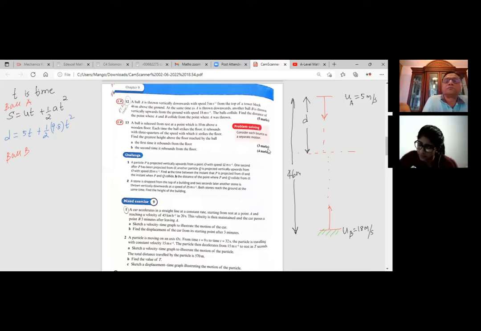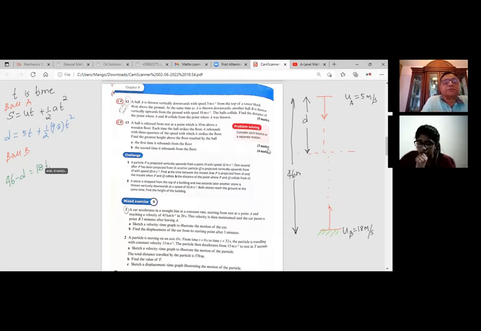But this time, are we taking upwards as positive? We are treating this as a separate equation. Don't worry, we'll just equate the distances. Distance is positive always, right? 46 minus D equals initial velocity. If I take upward velocity as my initial velocity, which is 18, then 18t.